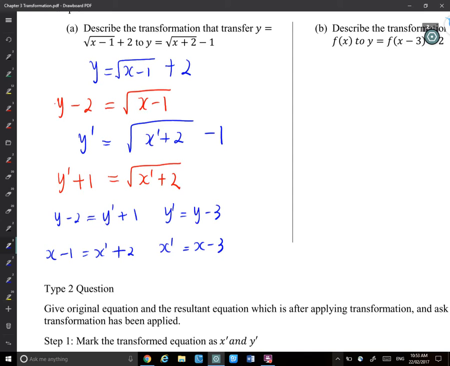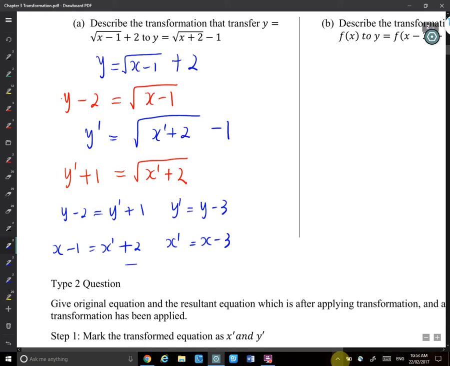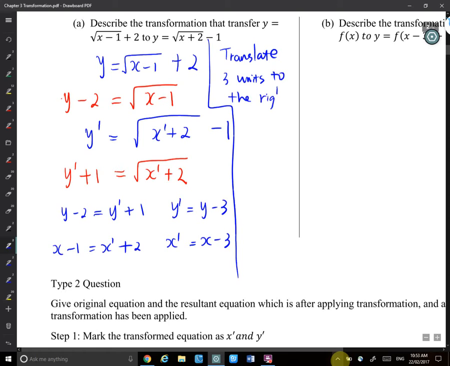So what has been applied here is a translation, I will write it here. Translate 3 units to the right and translate 3 units down.